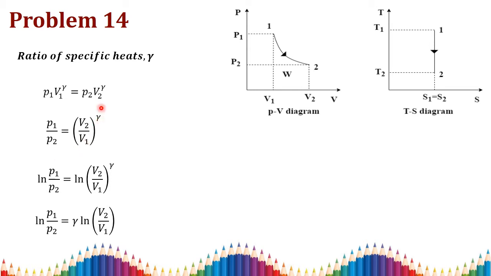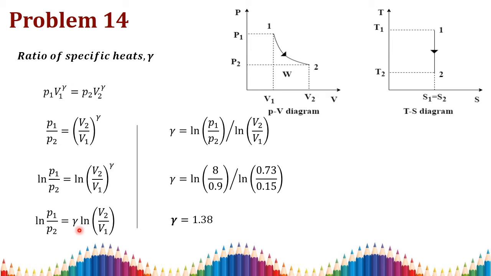To find gamma, take ln on both sides: ln of P1 by P2 equals ln of (V2 by V1) to the power of gamma. Using the rule that ln of x^y is y ln x, we can write ln of P1 by P2 equals gamma times ln of V2 by V1. Substituting all the values, you get the ratio of specific heats, the adiabatic index gamma, as 1.38.